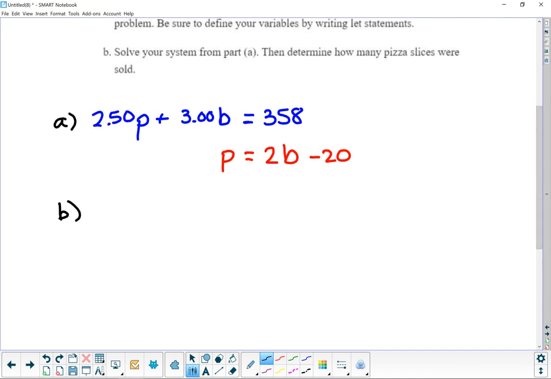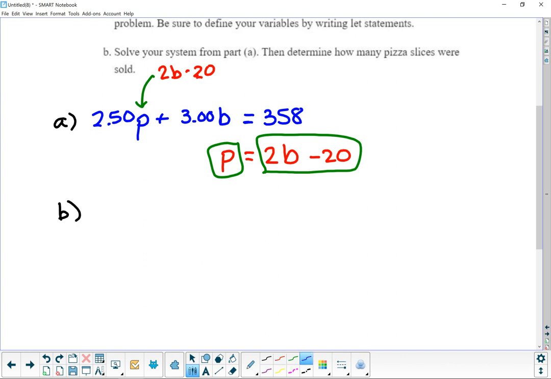Part B: solve the system and determine how many pizza slices were sold. Just looking at this, we know that this is already solved for P, so we're going to use the substitution method. Inside of P, we're going to put in 2B minus 20. Hang in there, we're almost done.